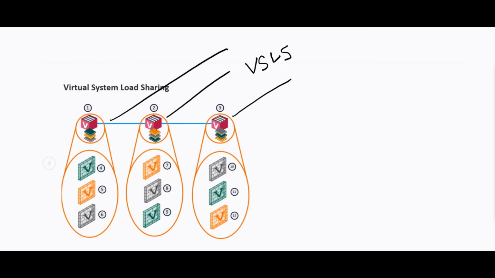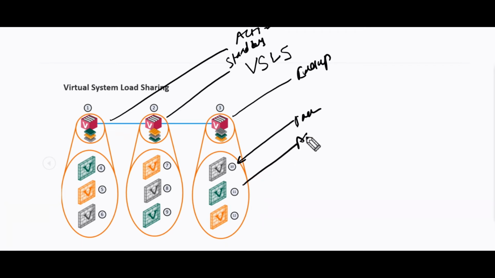So it will make one VSX gateway active, one standby, and one backup. This is for the VSX gateway, and depending on how many virtual systems you configure, similar things happen with them also. One becomes backup, one becomes active, one becomes standby.